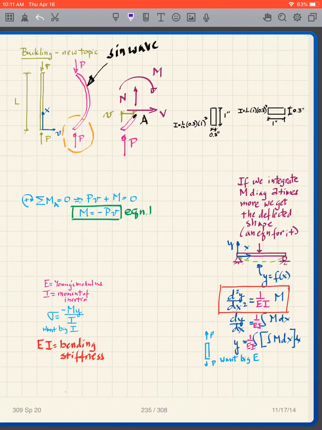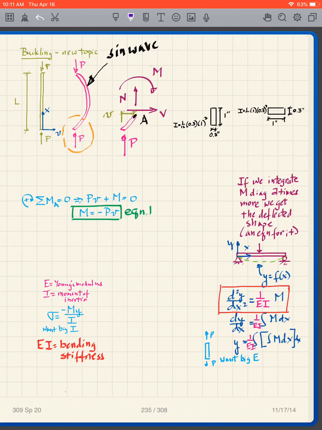EI is the bending stiffness, and that is the factor that we need to put in here to account for the properties of the beam itself. This is the equation that we've been talking about all semester, and if we differentiate it twice, we get that. I'm not going to rederive that, so I'm going to leave it as that.